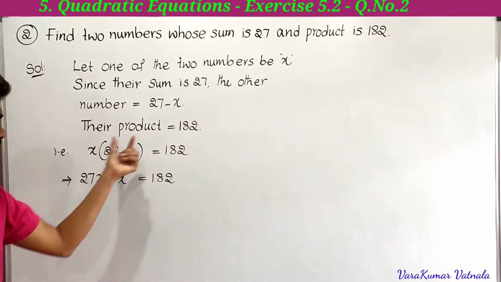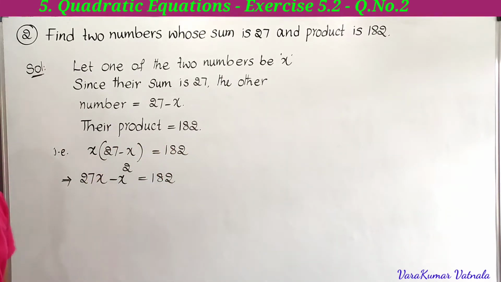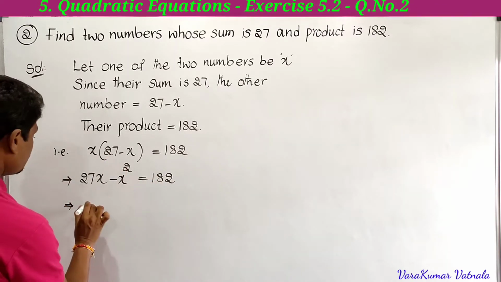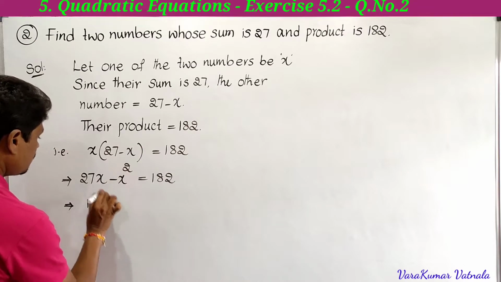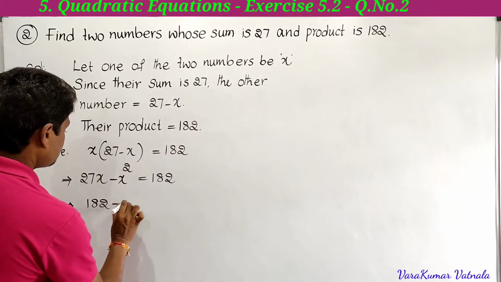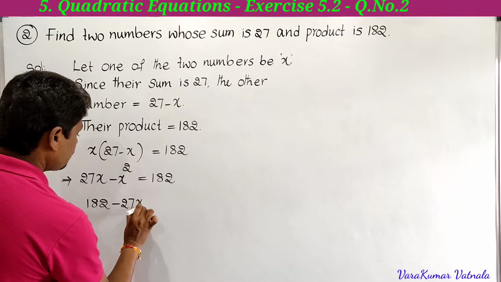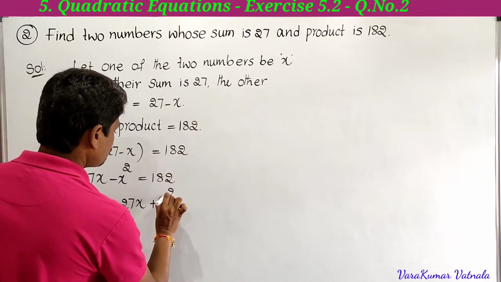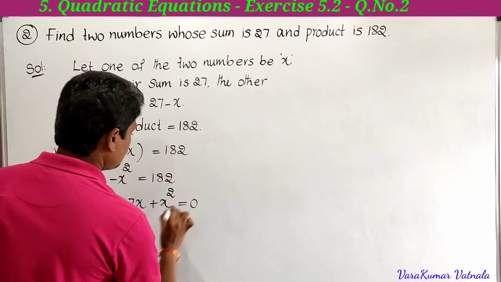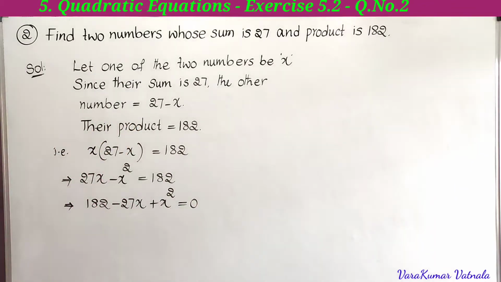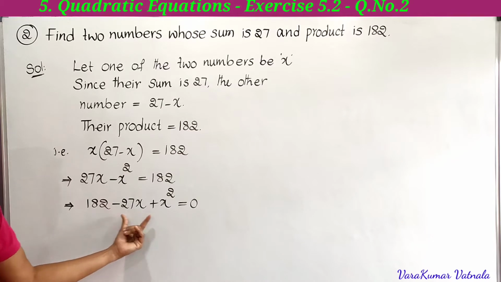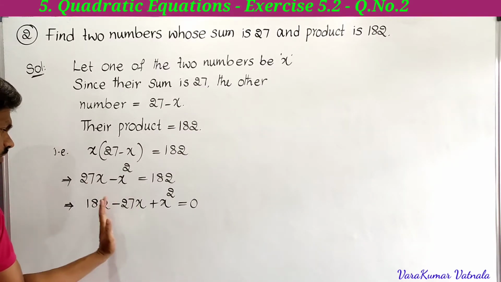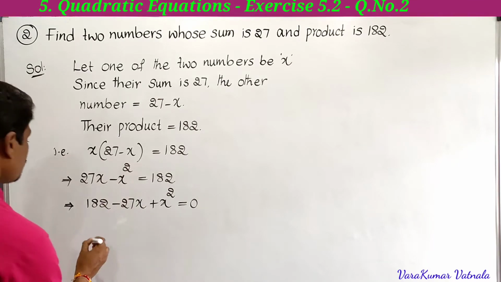Now take these two terms to the right side. Here 182 is already there. Take 27x to the right side, it becomes minus 27x. Take minus x square to the right side, it becomes plus x square, is equal to 0. Now write this equation in standard form: first the x square term, then the x term, then the constant.